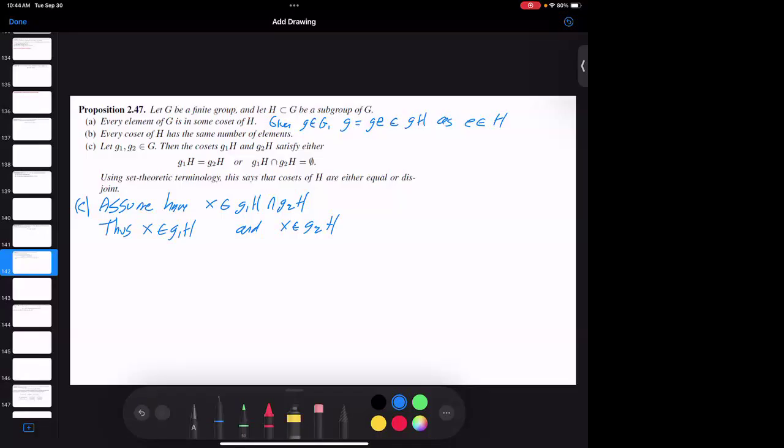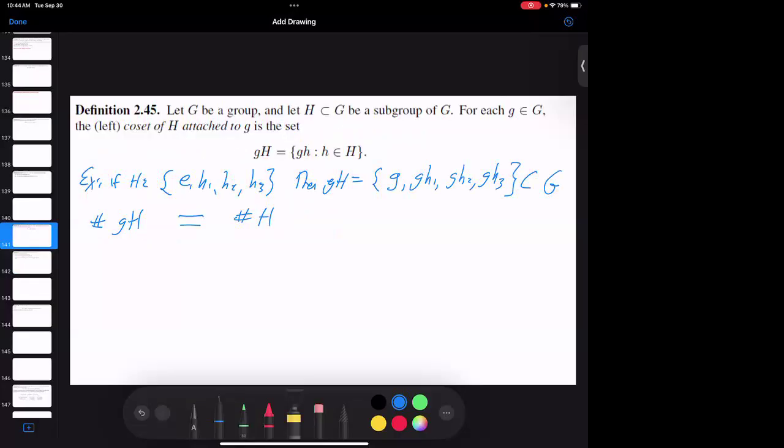So what does it mean for x to be in g1H? Remember, we said if we had some subgroup H, gH is just multiply on the left by everything in H. So if x is in g times H, what would it mean?